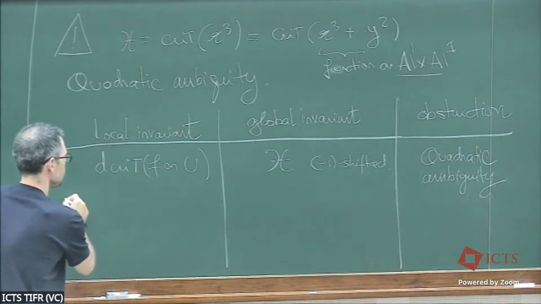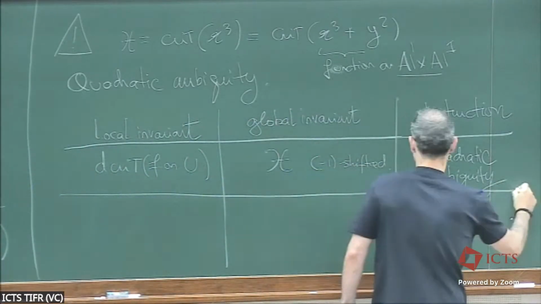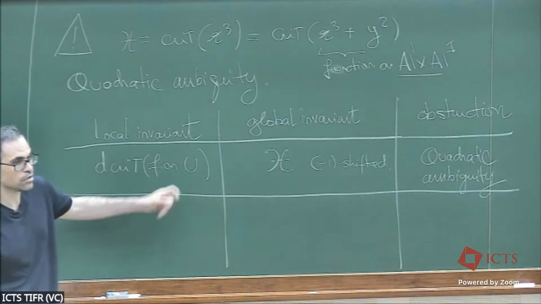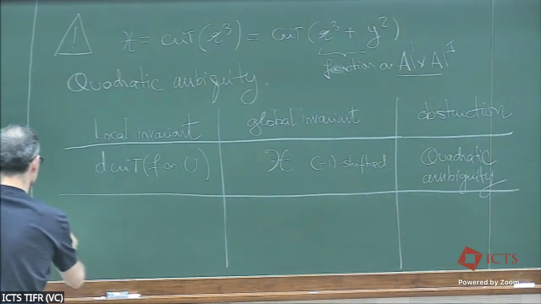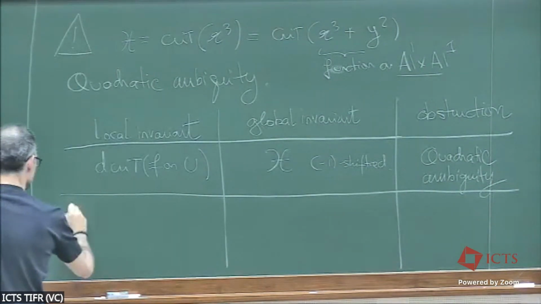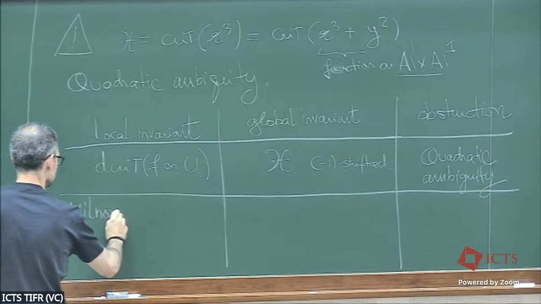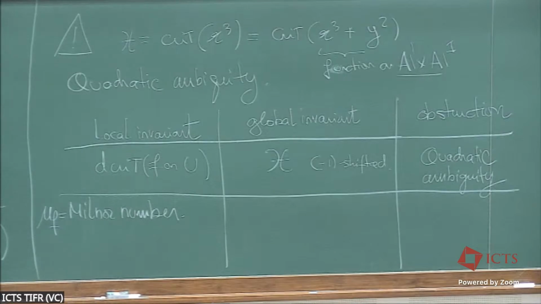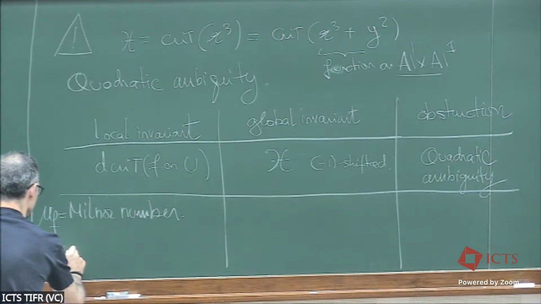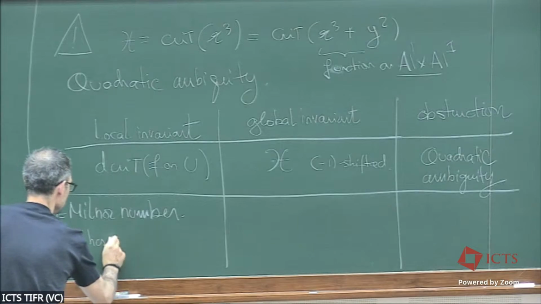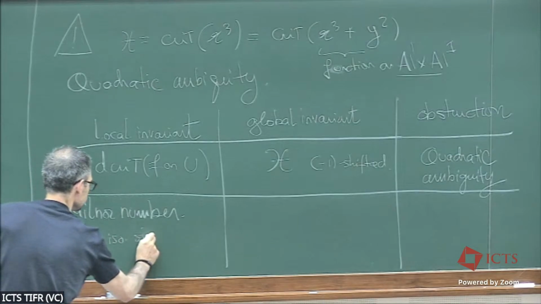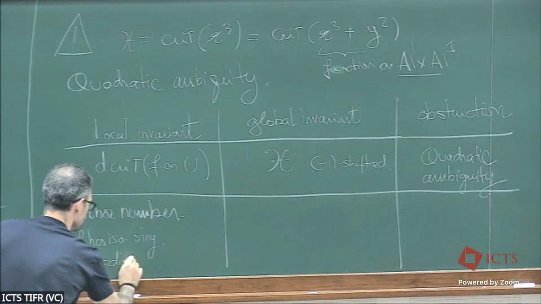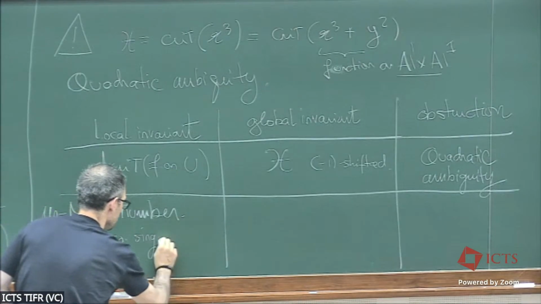So let me give you a first example to get an idea of what is going on. One thing I can extract from such a function on a scheme is what is called the Milnor number. If f has isolated singularities, this Milnor number would just be the dimension over the complex numbers of the Jacobian ring.